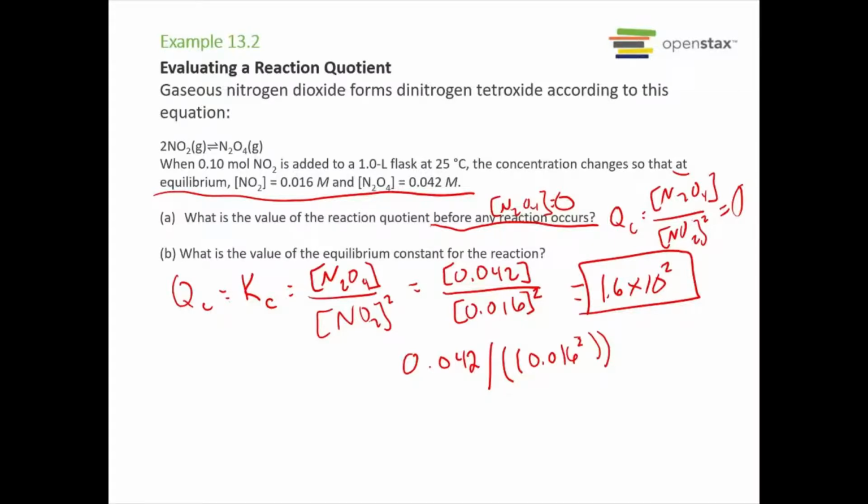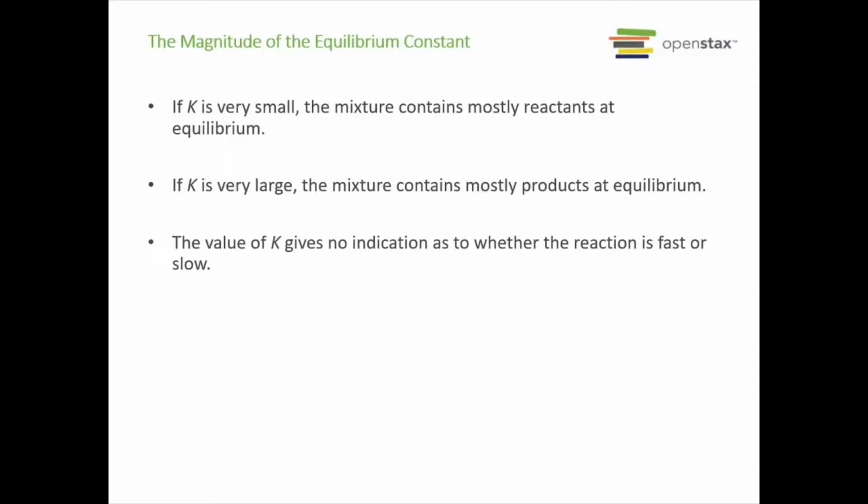Remember, if we were to change the temperature, we would get a different equilibrium constant. So let's talk about some things that we can infer from an equilibrium constant. If you get a very, very small K, that means at equilibrium we have mostly reactants, so that generally means that we favor the reverse reaction, going towards the reactants.